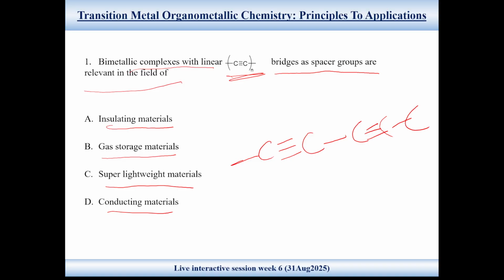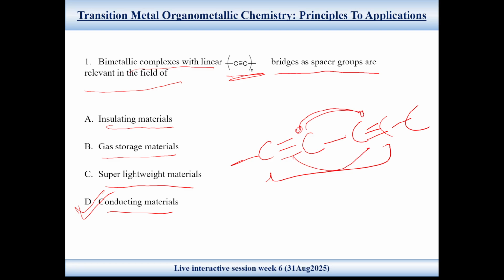Okay, so these bridging groups with the acetylene moiety, that is the alkyne moiety, act as a very good conducting material in electronic semiconductor devices, because you can see that here all the double bond pairs are conjugated.